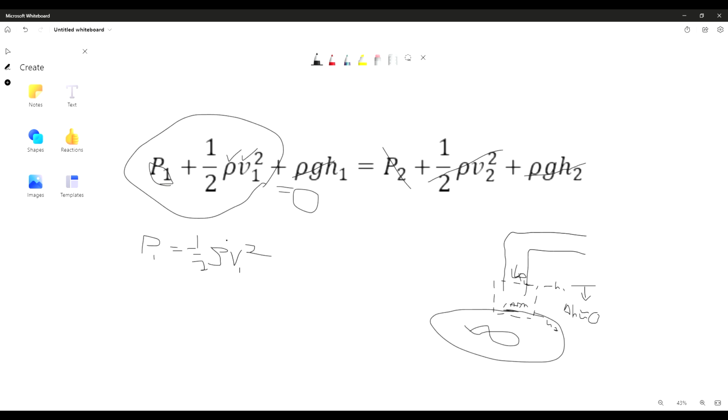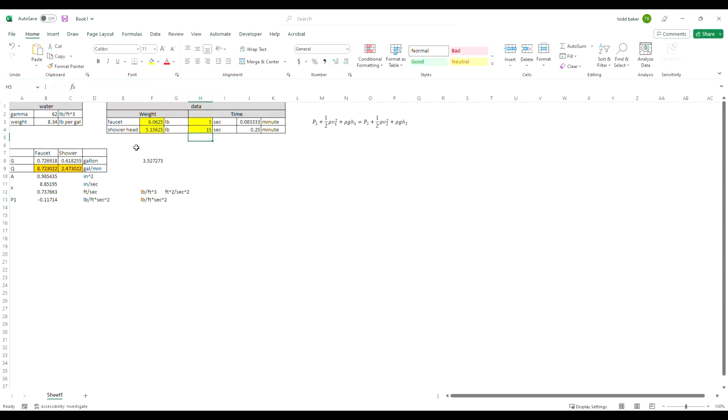And then it's a matter of just solving for the negative 1/2 rho V squared, where rho is gamma, which is the density, and V1 is the velocity squared.